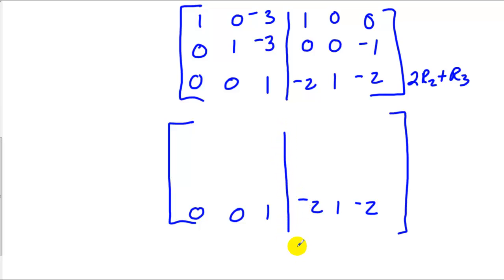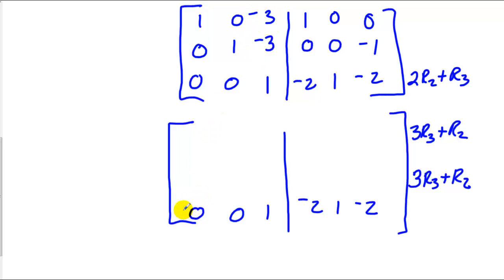I'm going to change the next two rows. If I multiply row 3 by 3 and add it to row 2, I'll get a 0 here. If I multiply 3 times row 3 and add it to row 1, I'll get the same 0 effect.